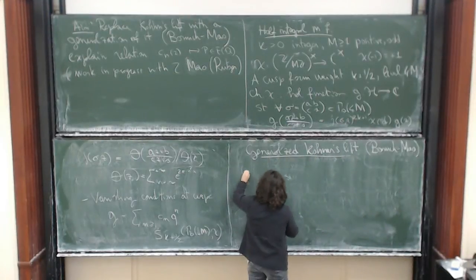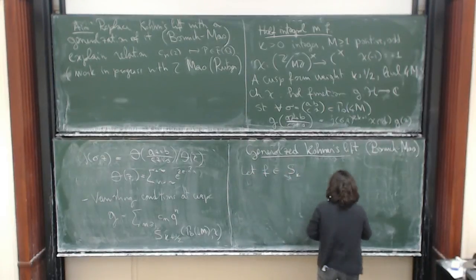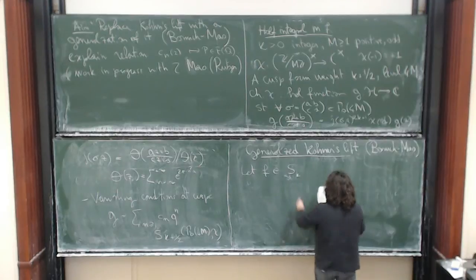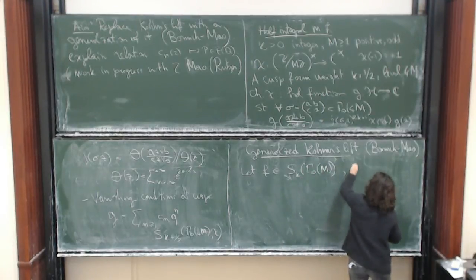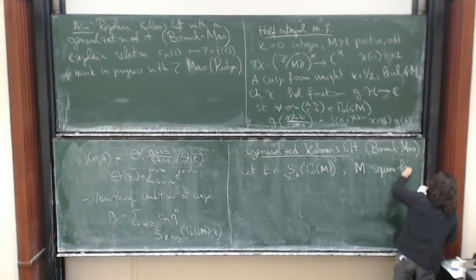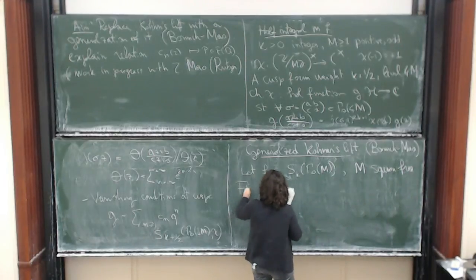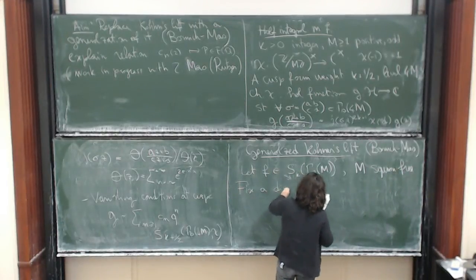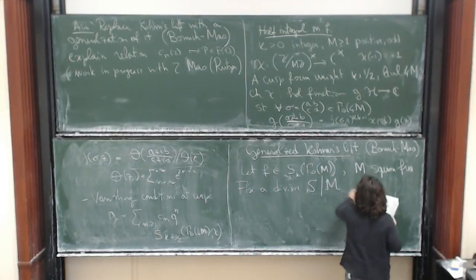Let f be a cusp form of integral weight k and level gamma 0 of m, and we assume that m is square free. And now we fix a divisor S dividing m.